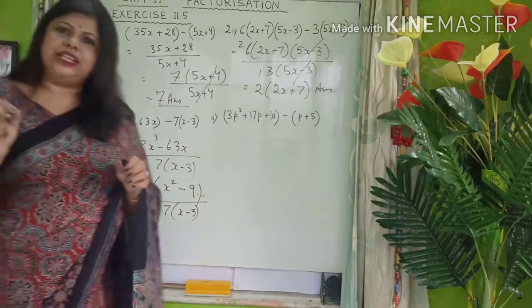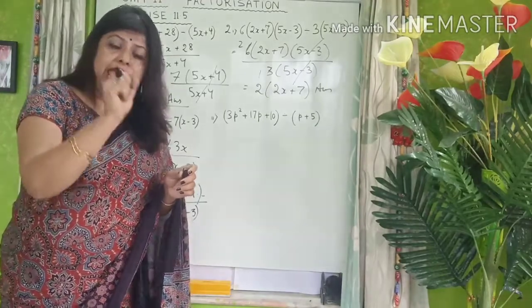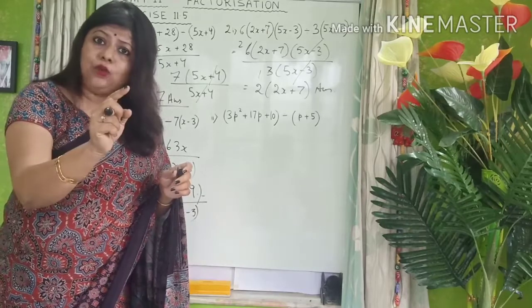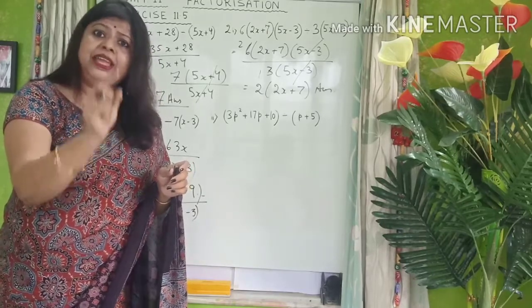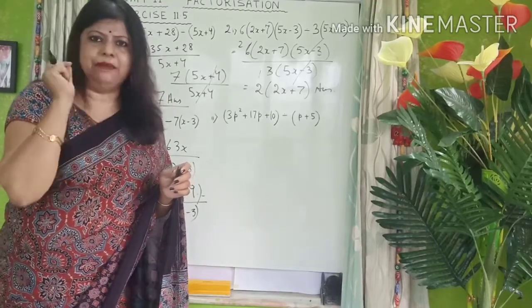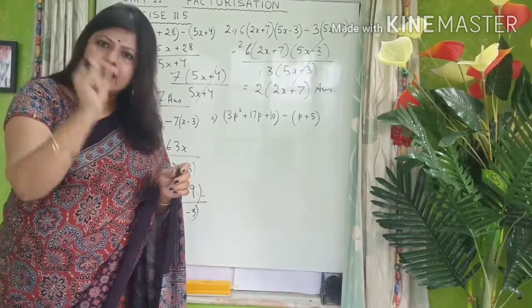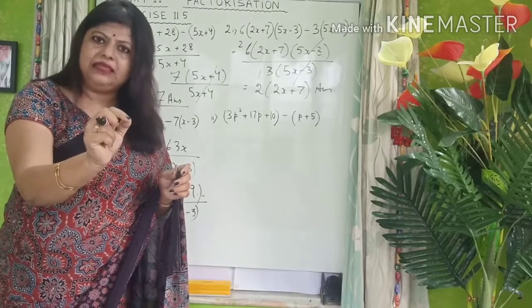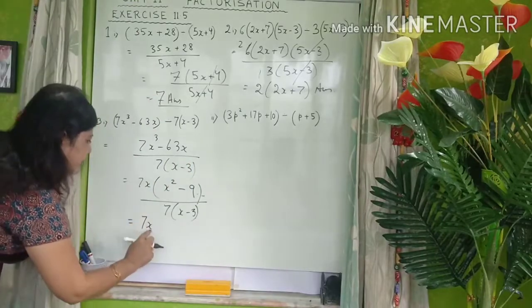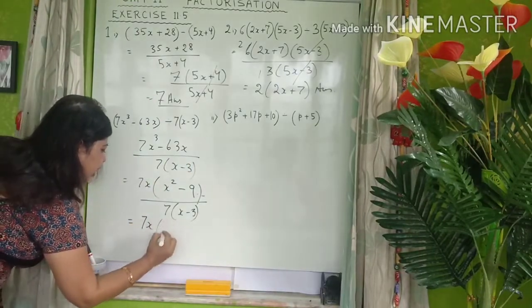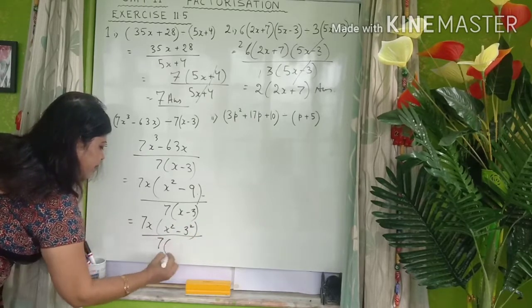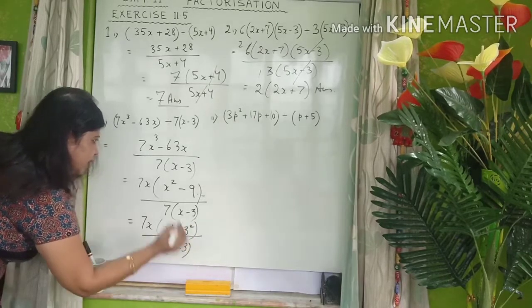x square minus 9, children, you can break it into x square minus 3 square. And you can apply then what? It becomes which identity? a square minus b square. And that is (a plus b)(a minus b). So here we are going to factorize this by applying the identity a square minus b square. See, 7x. So here this becomes x square minus 3 square, whole divided by 7 into (x minus 3).